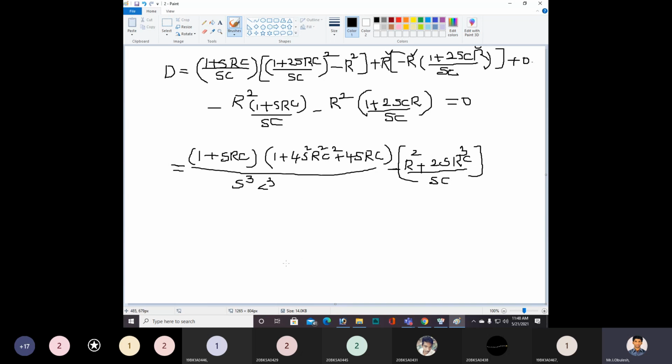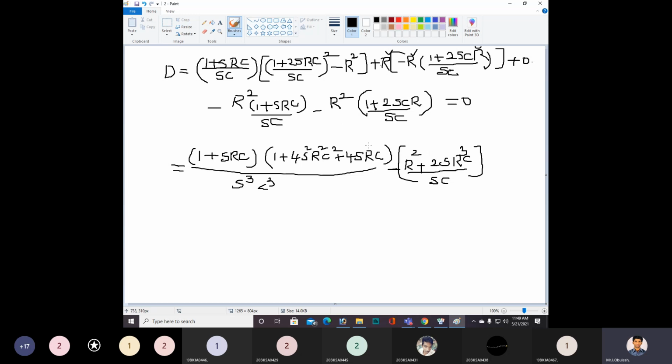Then next, from this you need to take. This is minus, this is minus R square 1 plus SRC by SC, and here minus R square by SRC by that. Okay, you need to do the calculation.